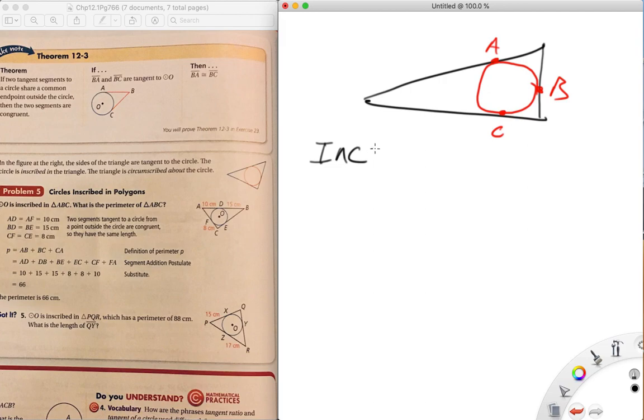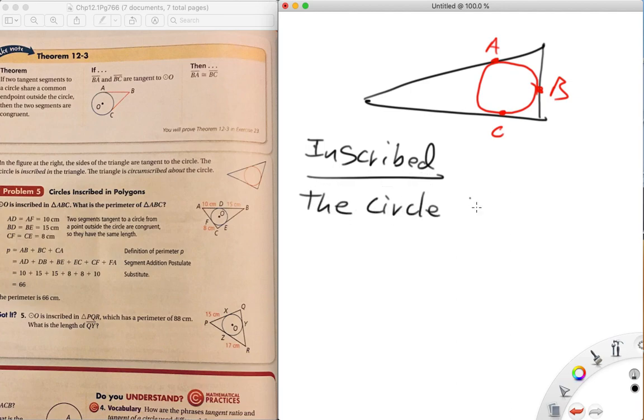So the circle is inscribed inside of the triangle.